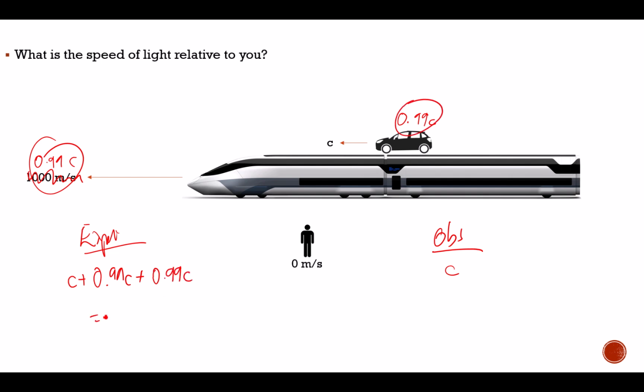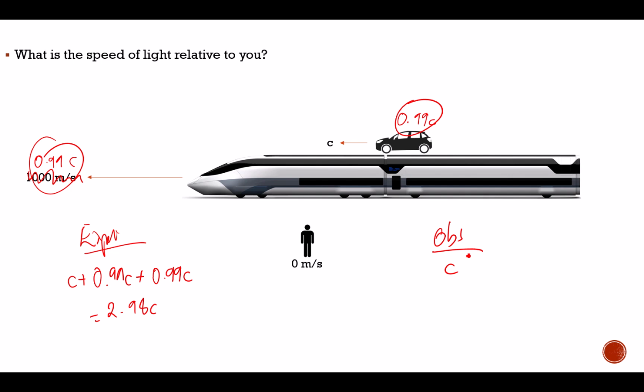So what's 0.99 times 2? It'll be 2.98 c. We expect the speed of light that we would observe to be almost 3 times the typical value. The observation that we see is that the speed of light is just 3 times 10 to the 8. There's been no addition of velocities at all.